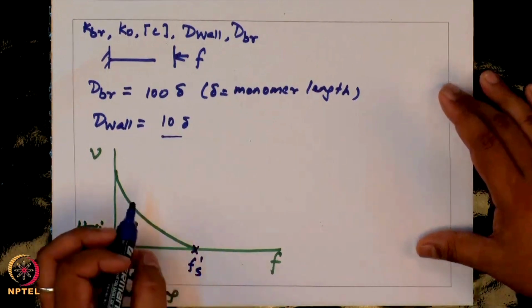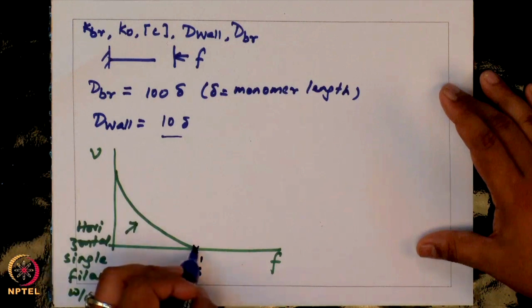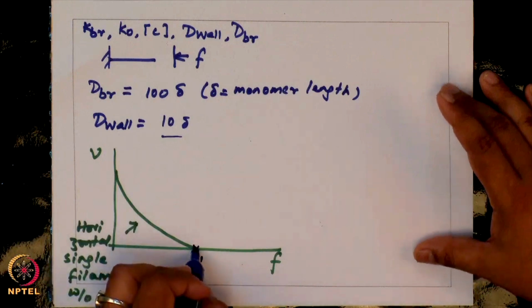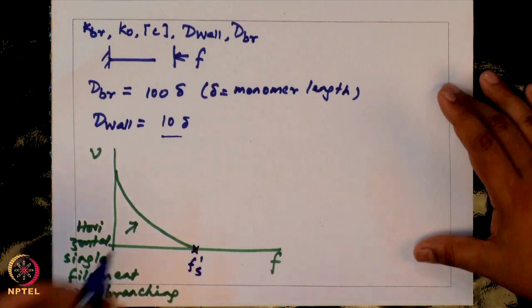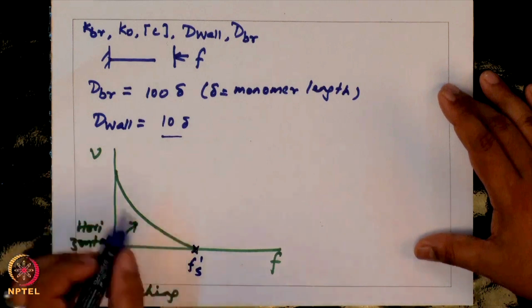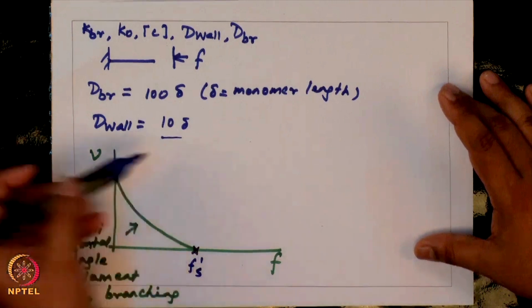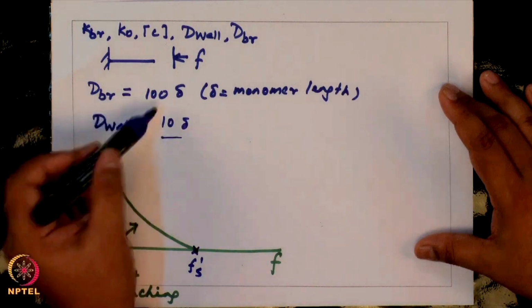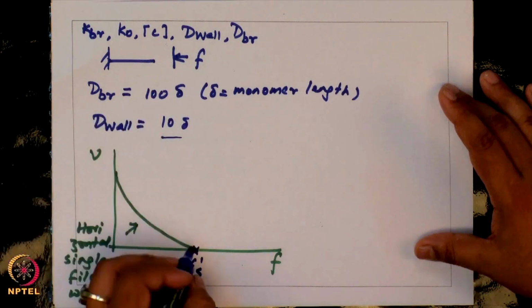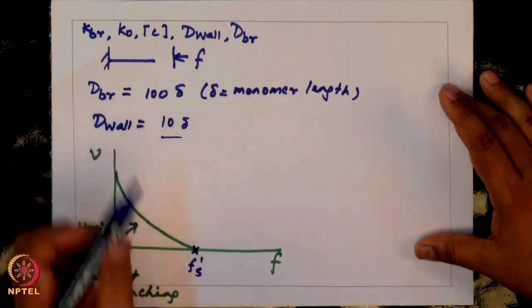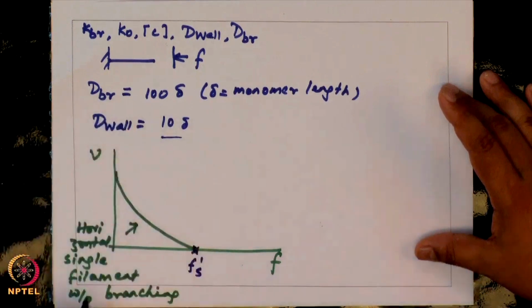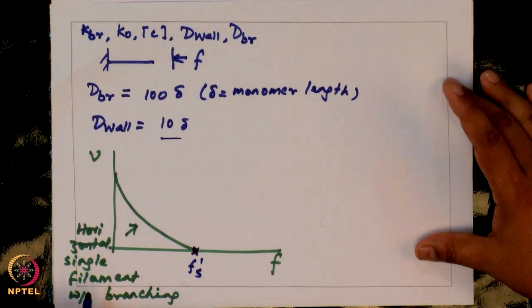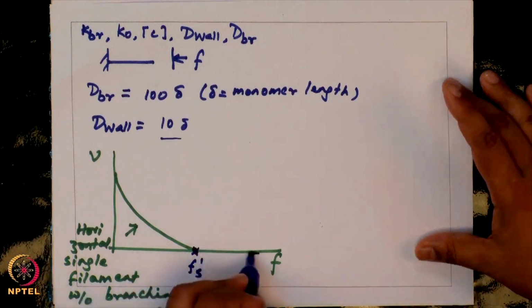Now, imagine I am operating with a force value equal to the stall force of a single filament. At this force, it is unlikely that the filament will grow to reach a length of 100 delta. So, for this system you will have the same value of the stall force, and beyond also it will be 0.